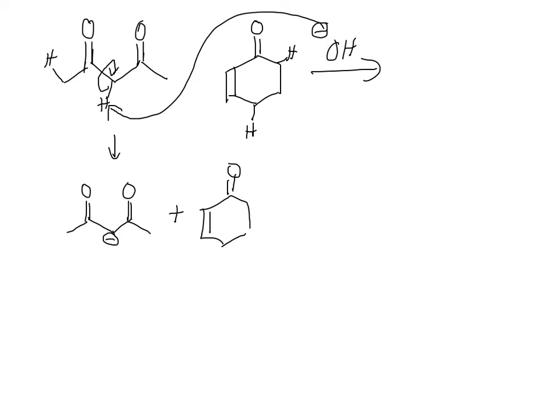And more often than not with these, if you see the opportunity for a beta addition, if this is alpha and beta, like a Michael addition, that'll happen. You'll do the Michael addition. So negative charge attacks. Kick everything up.